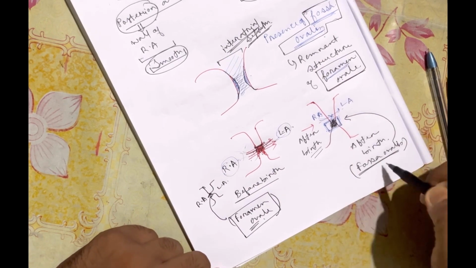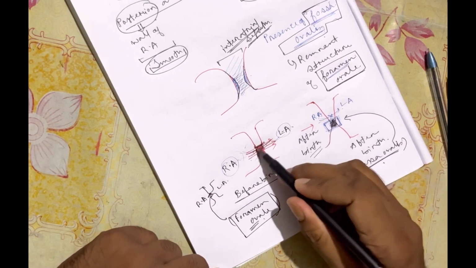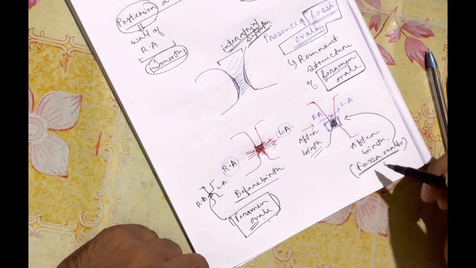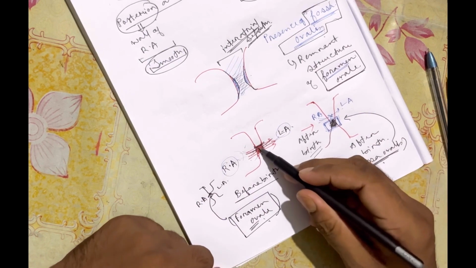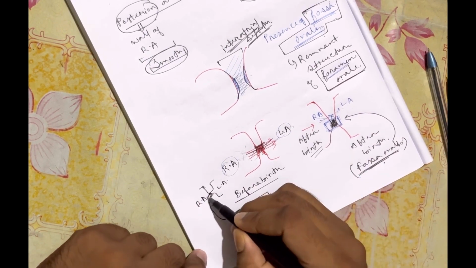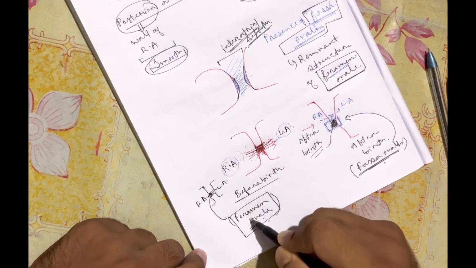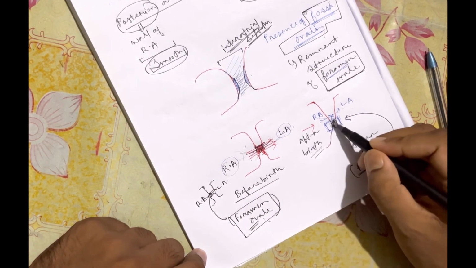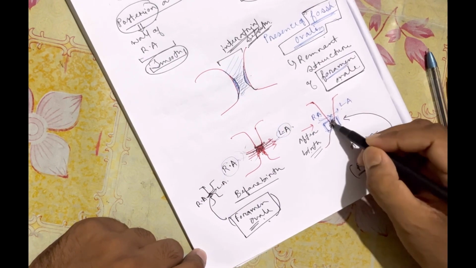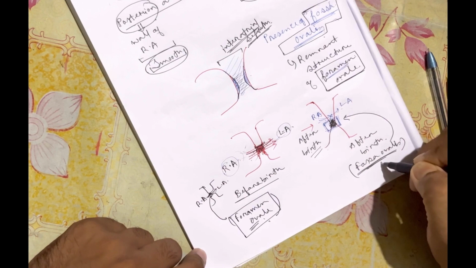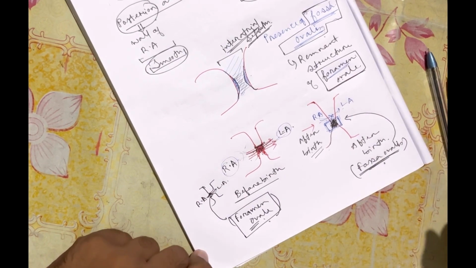When this hole is continuously open, during that open position it is called foramen ovale. And when it closes after birth, it leaves a depressive structure, and that depression is called fossa ovalis.